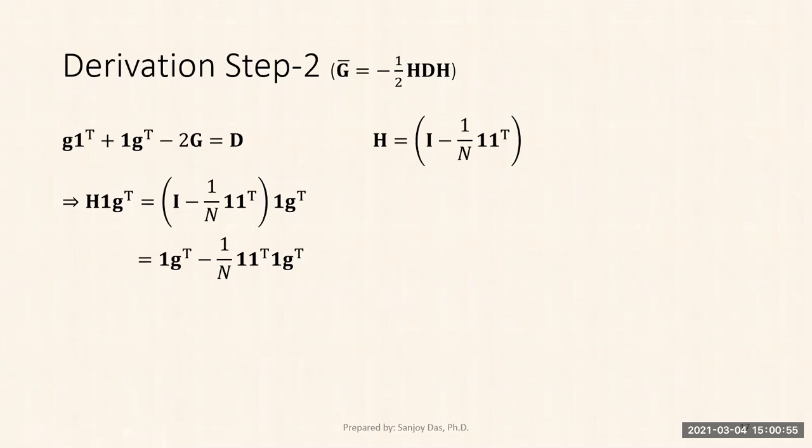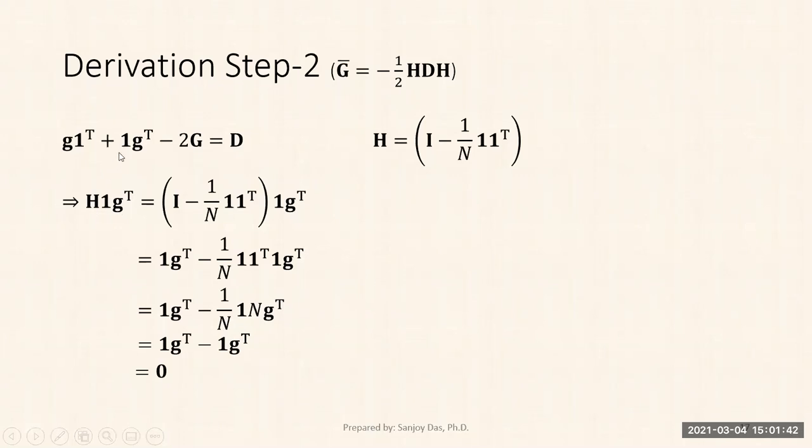So what is 1 transpose 1? It's n, uppercase N. So the N cancels when we do this. So that's 1G transpose minus 1G transpose, which is equal to 0. So H times 1G transpose equals 0.